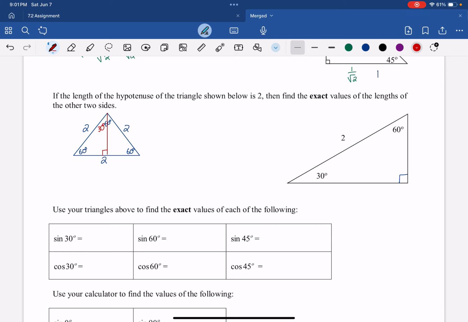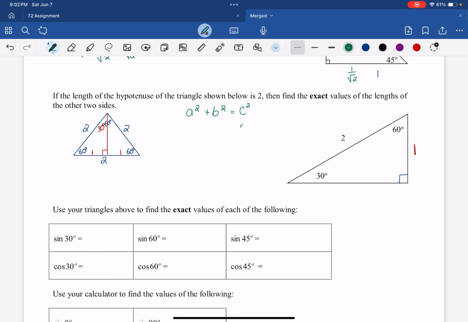When I look at that, if I've cut this bottom piece in half, that means that I have a length of 1 here and here. So if I look back to my triangle on the right side, this length here would be 1. Now I have 2 side lengths, so I can figure out the third side length using Pythagorean theorem, a squared plus b squared equals c squared.